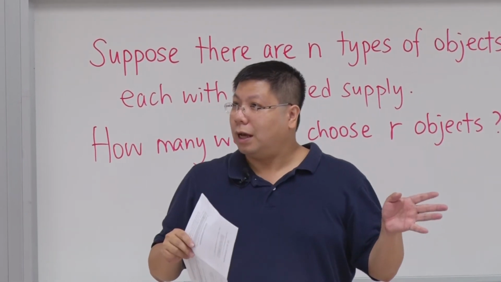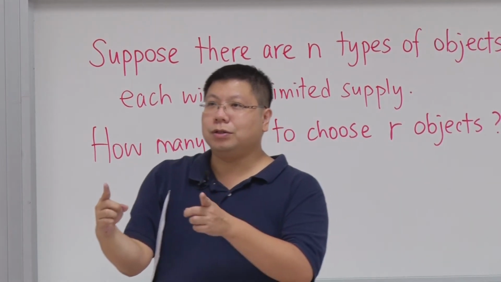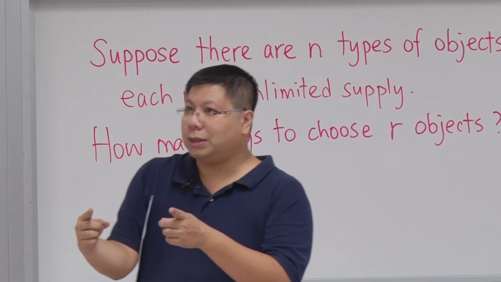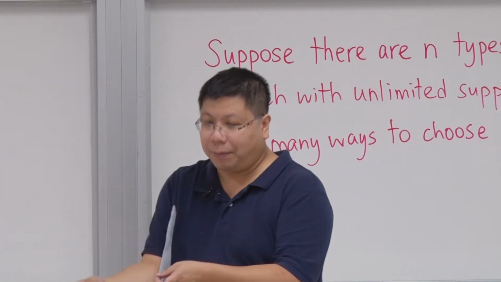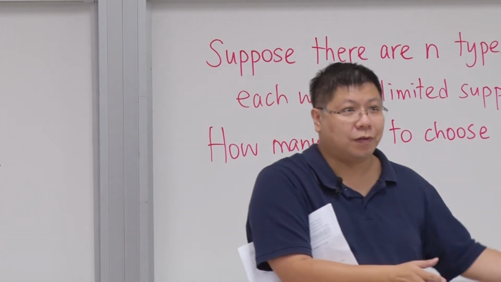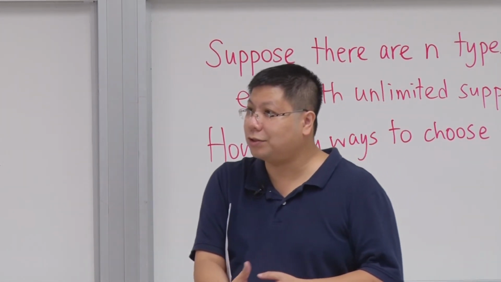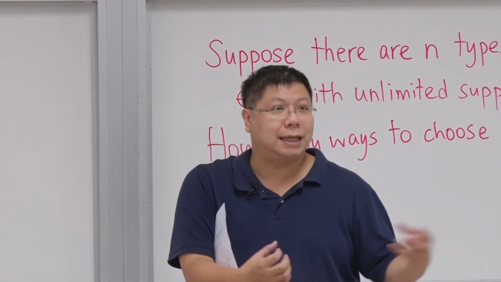For each selection, we decide how to select the first type of object, like apples, then the second type, and so on. So we multiply these generating functions together to get the generating function of how we can select.